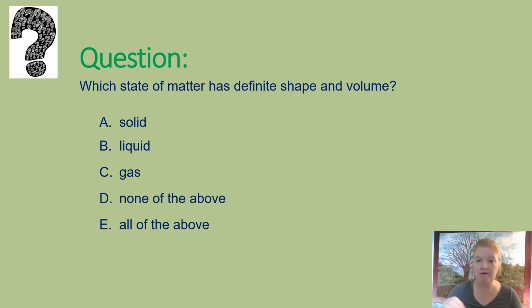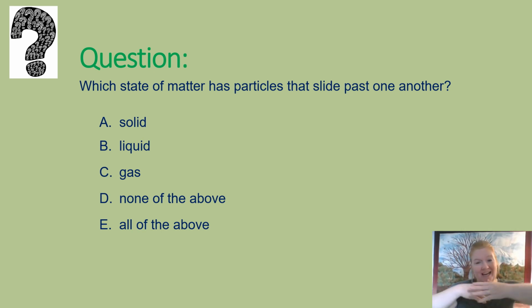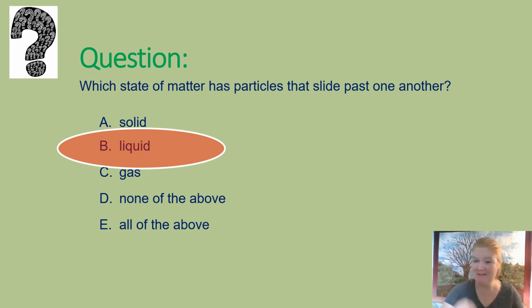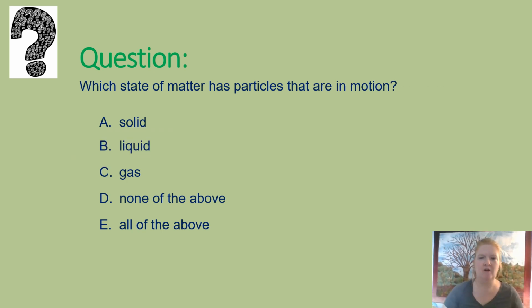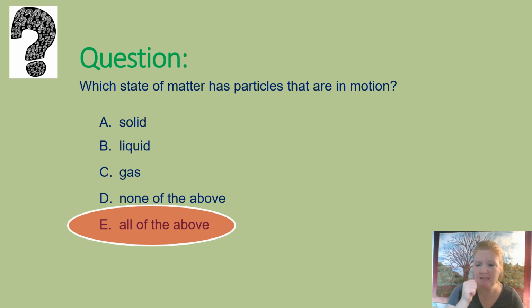So both shape and volume are definite. That's a solid. Which state of matter has particles that slide past one another? That would be a liquid. Which state of matter has particles that are in motion? That's all of the above. Remember, even in a solid, they're vibrating.